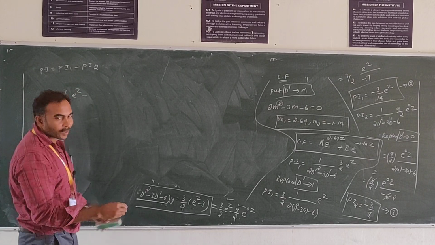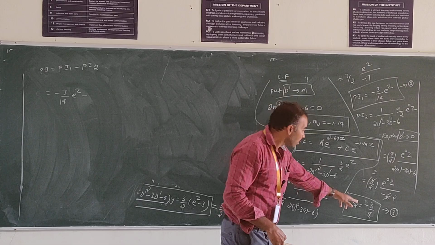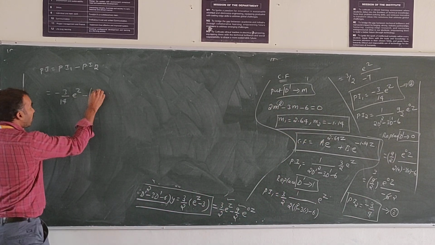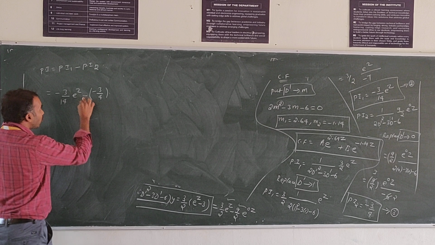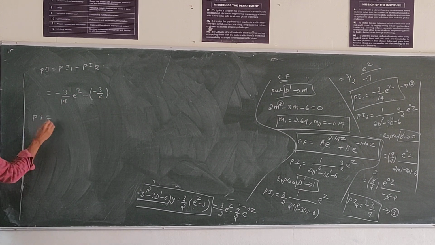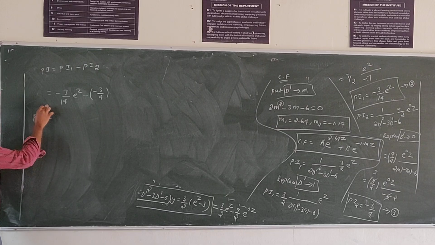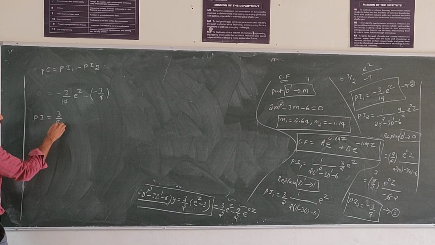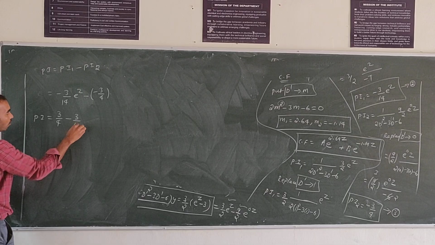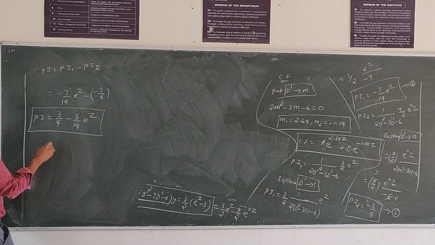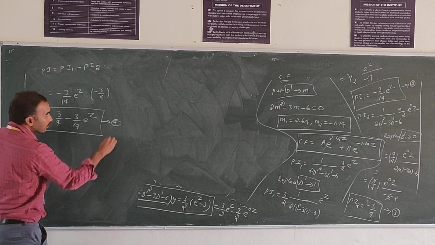Minus, what is particular integral 2? Minus 3 by 4. So minus into minus will be a plus. So particular integral equals, bring positive first, 3 by 4 minus 3 by 14 e power z. This is the particular integral. Take it as 4.